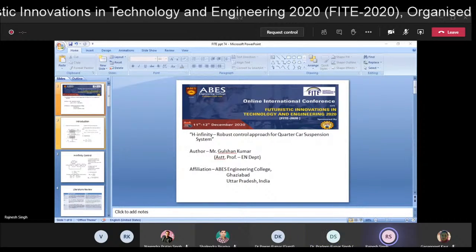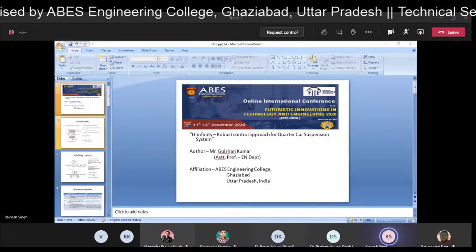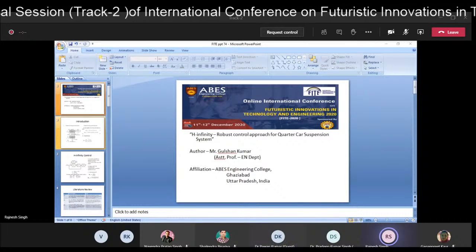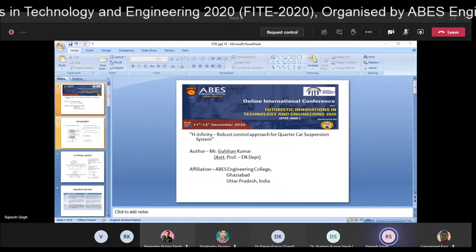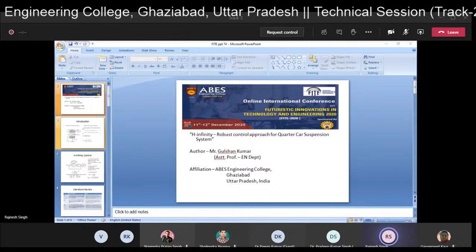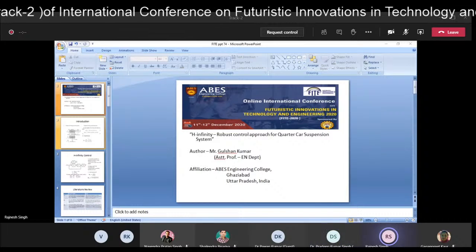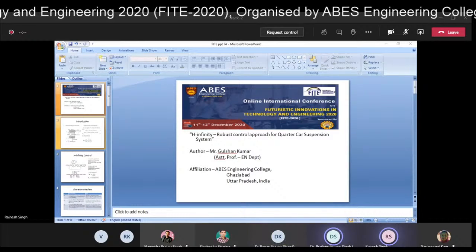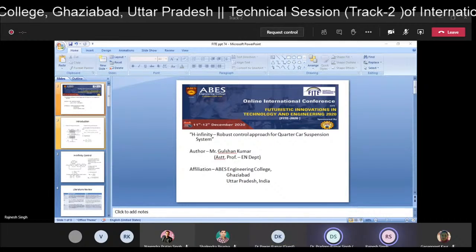I have chosen the quarter car suspension system because vibration is a topic which is majorly concerned in mechanical and electrical areas. Be it equipment, machine, or anything, vibration can cause damage to the machine. And if I talk about the suspension system, it can give discomfort to the driver, which is basically a physical damage to the driver.